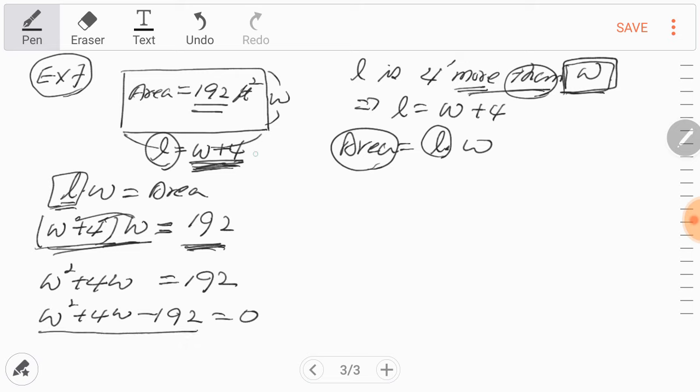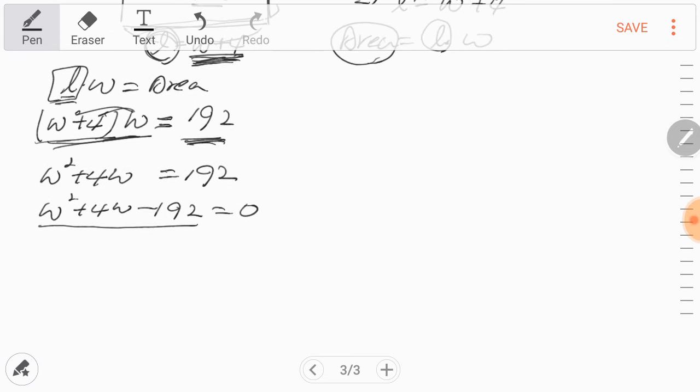Can you see here the length is 4 more than the width. So always 4 more. If W is 10, then L will be 14. So the difference between the length and the width is 4. So when we find the combination, find the two factors.